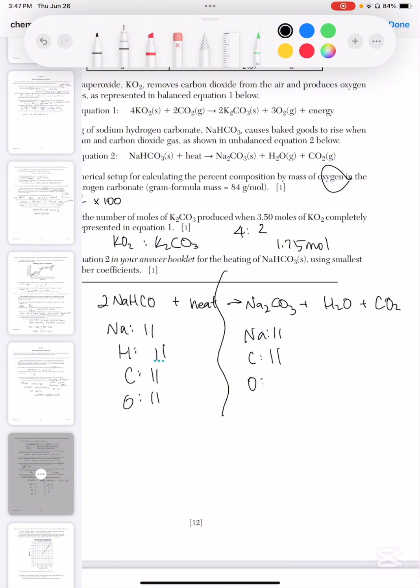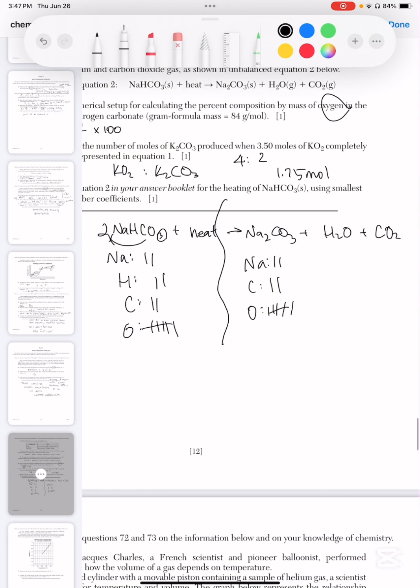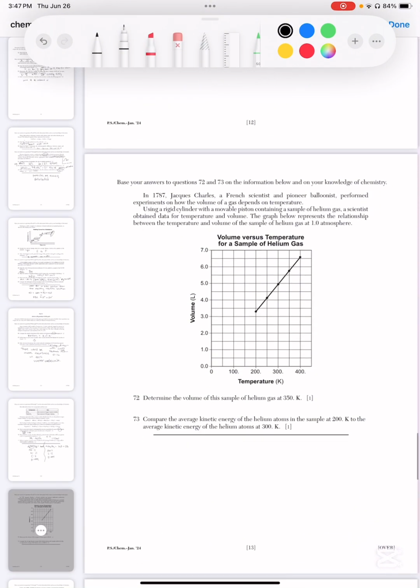O, you have 1, 2, 3, 1, 1. You have 6. 1, 2, 3, 4, 5, 6. And then since here it's 3 times the 2, it's the same number on both sides, which means that it's balanced.